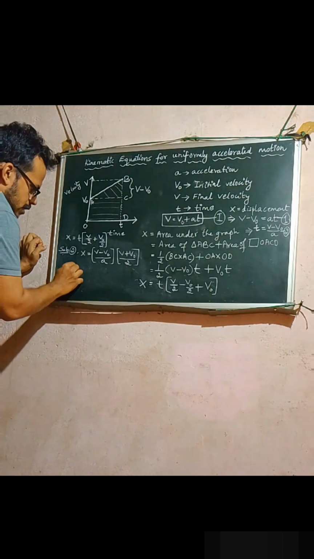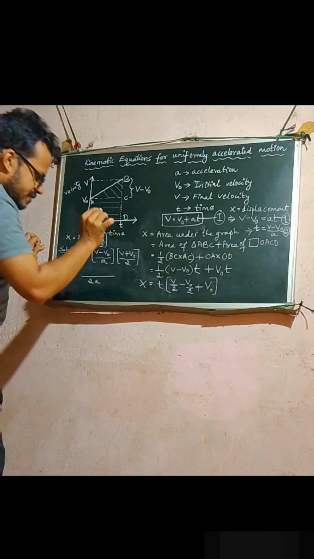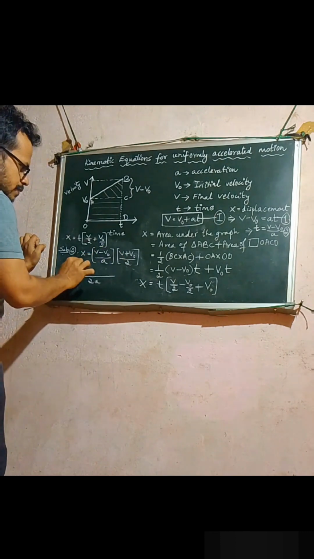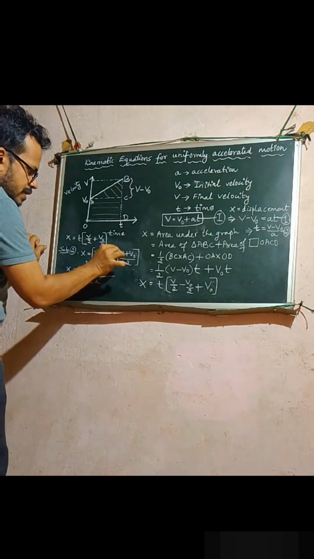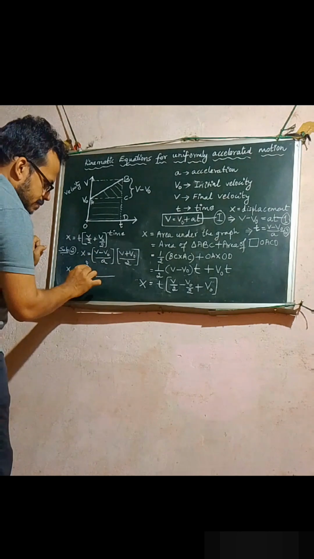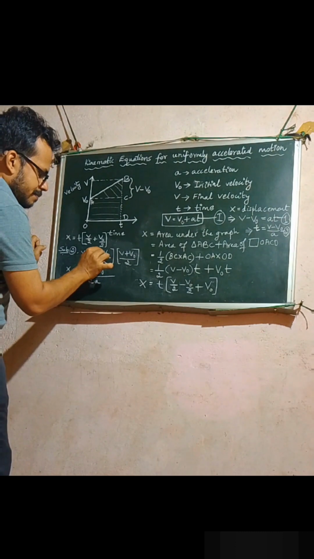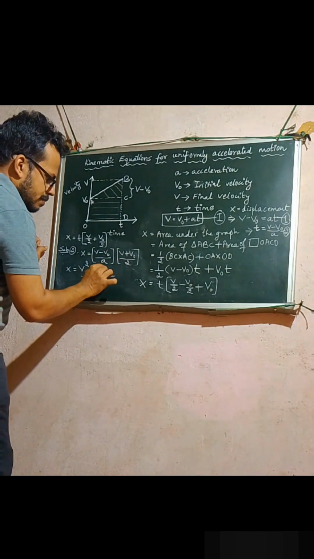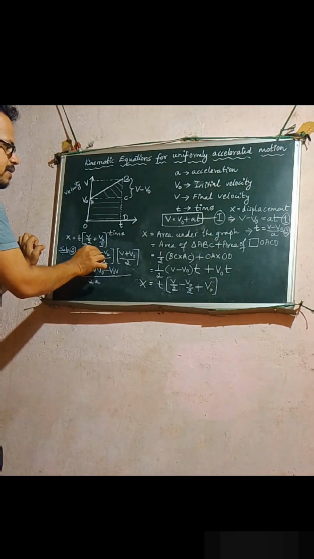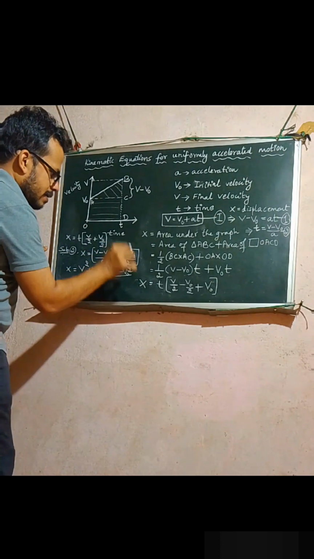So x is equal to, I can write in the denominator 2a, isn't it? And this I have to multiply. So v into v, v square, then v into v naught, that is plus v v naught, then taking v naught here, minus v naught into v, that is minus v naught v, then minus v naught into v naught, that is minus v naught square.